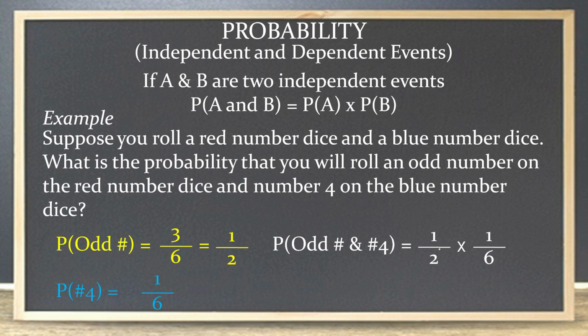So we multiply these two numbers. We have 1 times 1 is equal to 1, divided by 2 times 6 is 12. So 1 divided by 12 is the probability of obtaining an odd number on the red number dice and, at the same time, obtaining number 4 on the blue number dice.